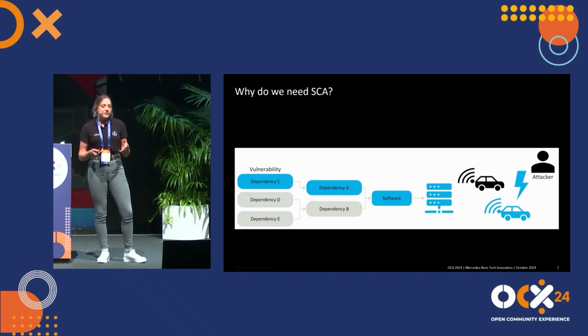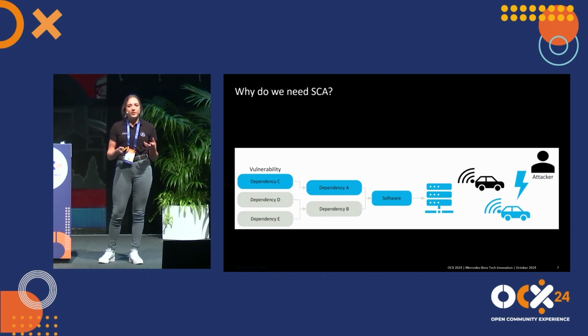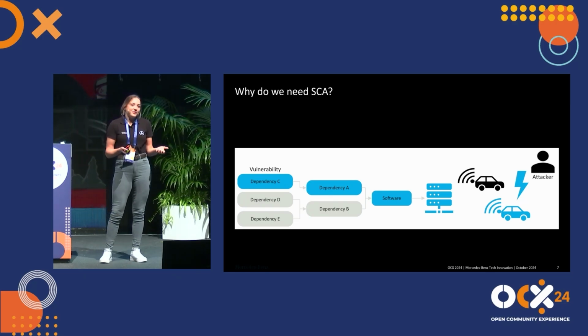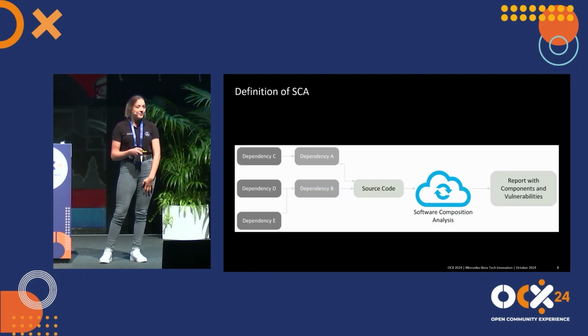Since this vulnerability is exposed, or listed, on the NVD, a potential attacker can look for it, see okay, it's in maybe dependency D, look for where dependency D is used, and then exploit the vulnerability. And we basically can't really control it. And that's why we need software composition analysis.